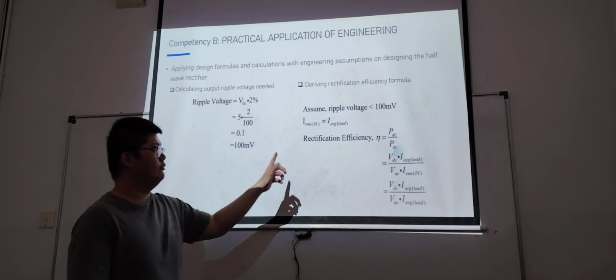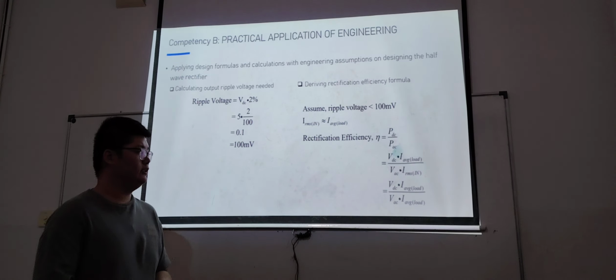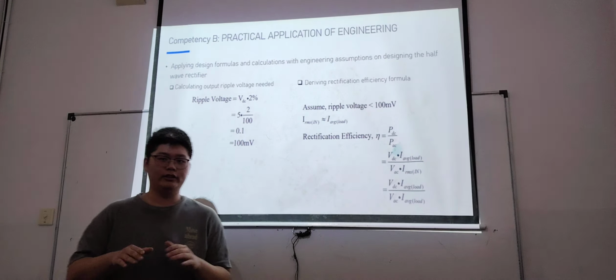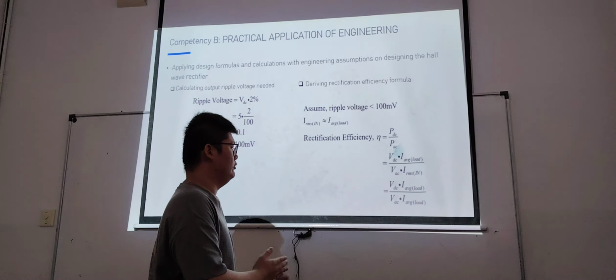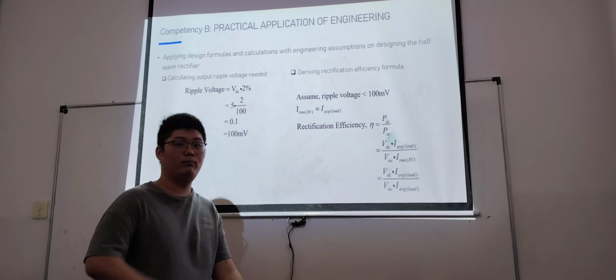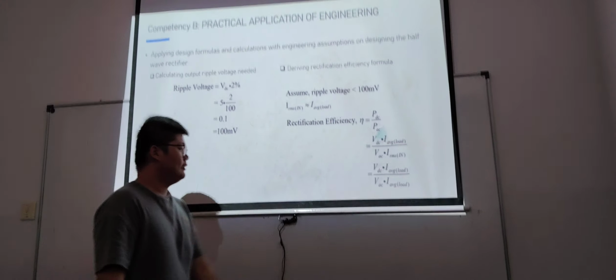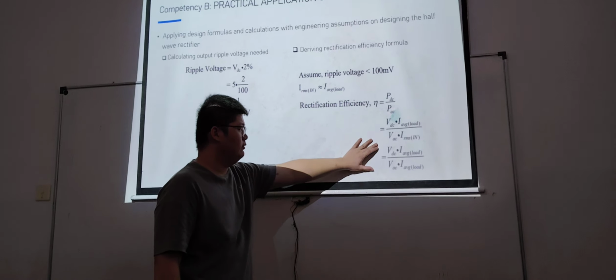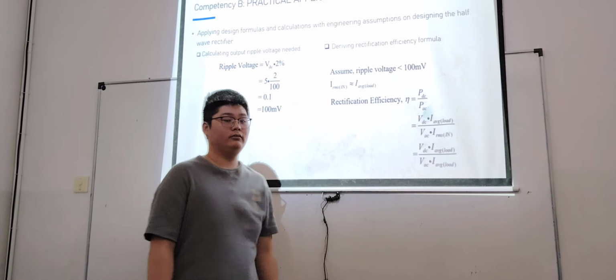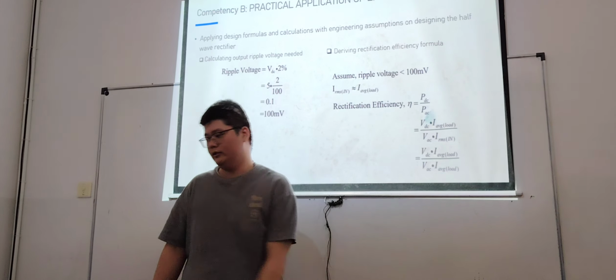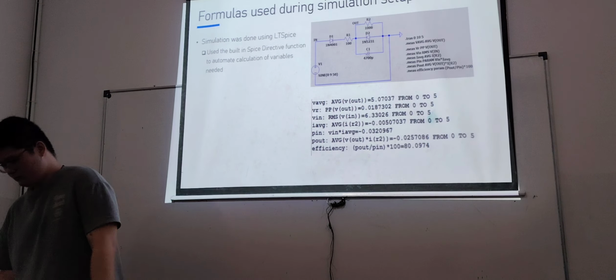When we assume that the ripple voltage is less than 100 millivolts and the capacitor is fully charged, the current I_RMS in can be approximated as I_average load. So in my formula, it is V_DC times I_average load over V_AC times I_average load. By the way, the V_AC is V_RMS.